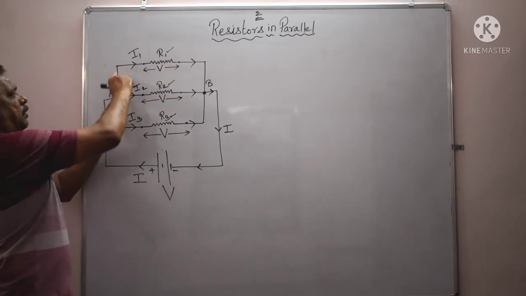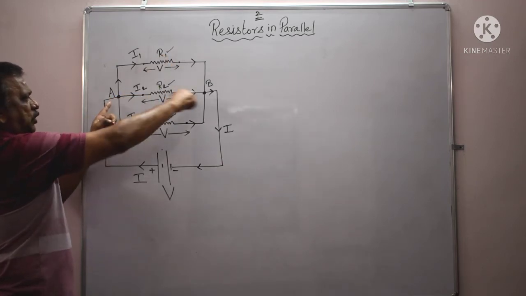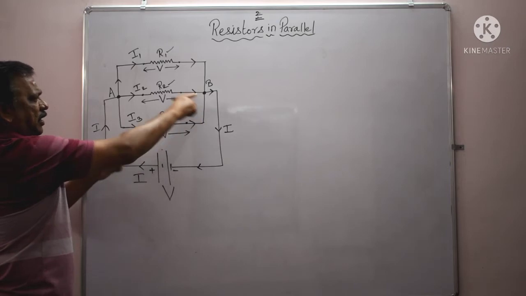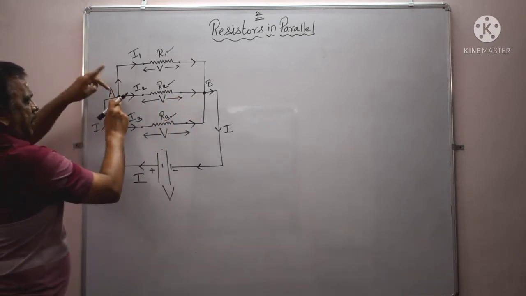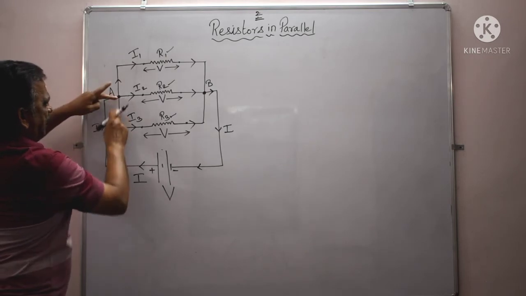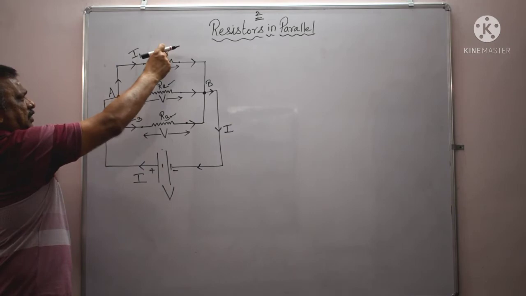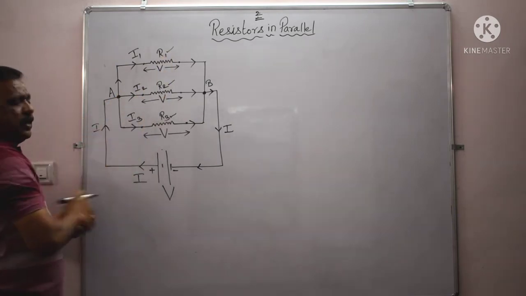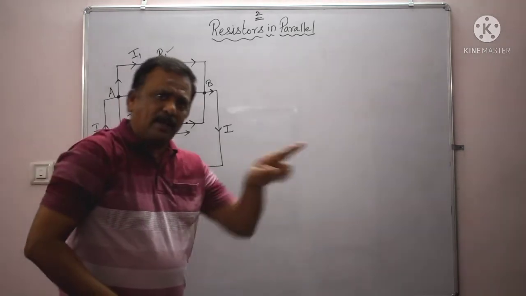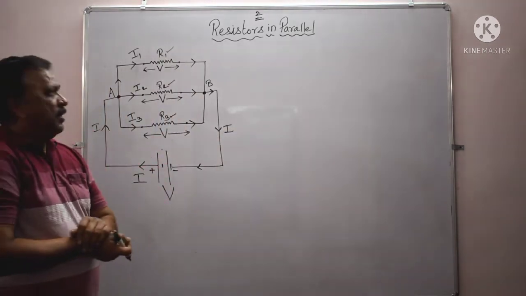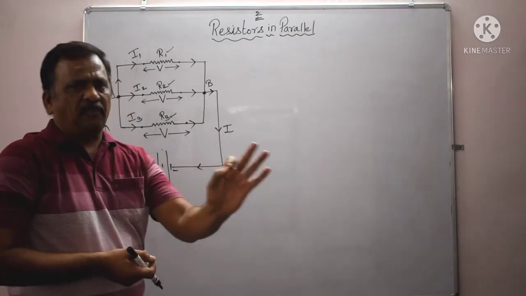One is the path provided by the resistance R1, the other one provided by the resistor R2 and the third path is through the resistor R3. Okay, so right from the junction point A, the current I will branch off into 3. Since the resistances are different, எந்த பாத்துல ரெசிஸ்டன்ஸ் ரொம்ப கம்மியா இருக்கோ அந்த பாத் வழியா நிறைய கரண்ட் ஃப்ளோ ஆகும். எந்த பாத்துல ரெசிஸ்டன்ஸ் ரொம்ப அதிகமா இருக்கோ அந்த பாத் வழியா less current flow ஆகும்.